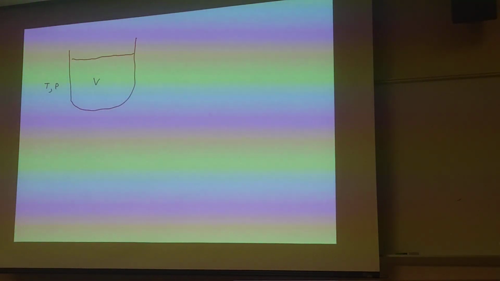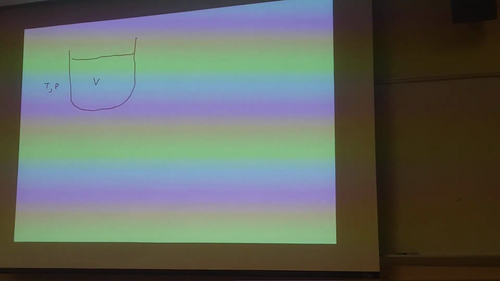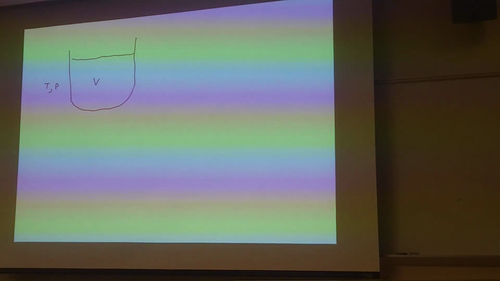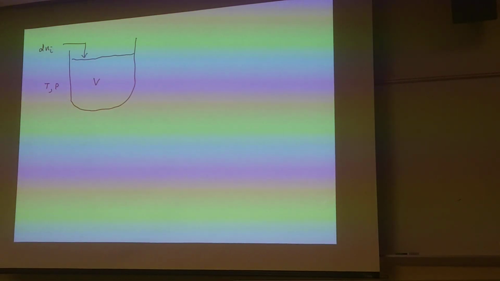So assume that I've got some vessel with my system in it, and it's got a volume V, and we're at some temperature and pressure. And I want to consider what happens to the system volume when I add just an increment of a component, let's say component i, to the system. So I'm going to add dNi to the system and concern myself with then what is the incremental change in volume with the system that I created by adding that trace of component i.